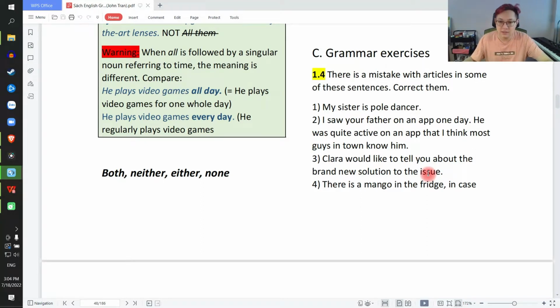So that's why here it is the issue, but a brand new solution. So in the context of this question, people know about the issue already. So that's why it's a brand new solution but the issue.